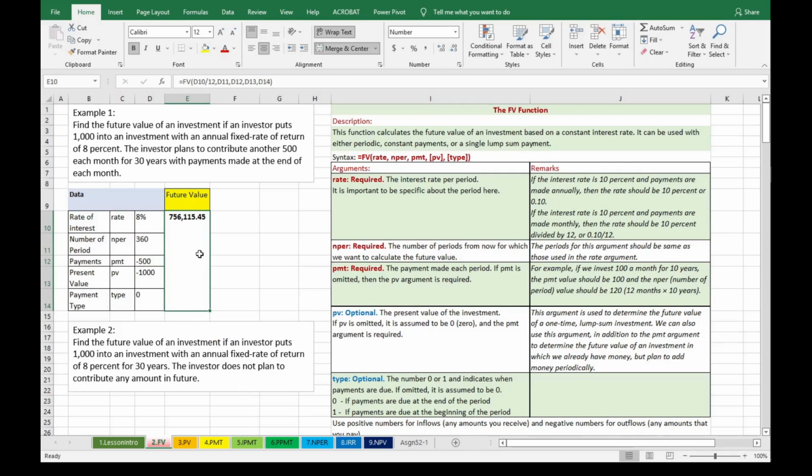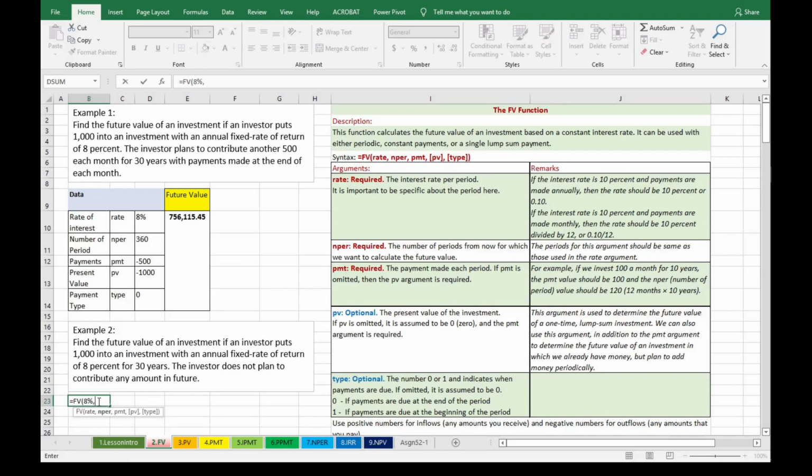We get the future value as 756,115.45. Now let's take another example where the investor puts 1000 into an investment with an annual fixed rate of 8% for 30 years, and the investor does not plan to contribute any amount in future. So here also let's directly calculate. We'll put the function equal to FV, and we will have a rate of 8%, and here we'll not divide by 12 because he is not putting any monthly payments.